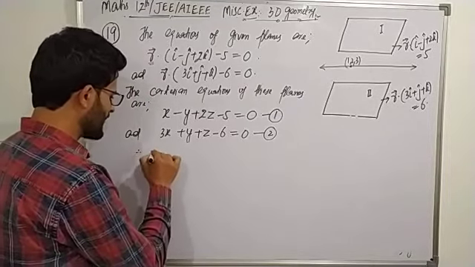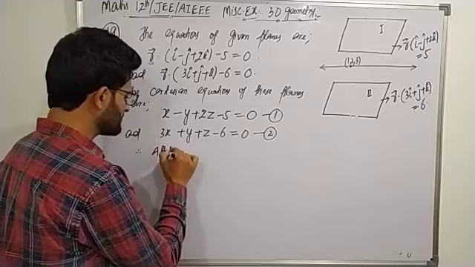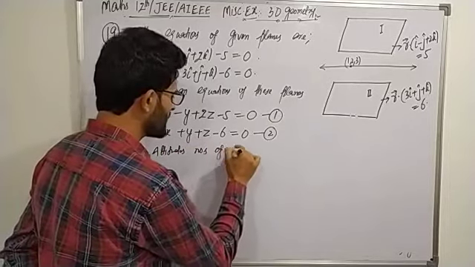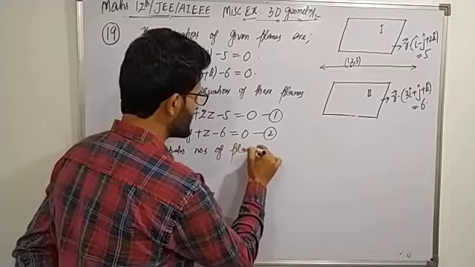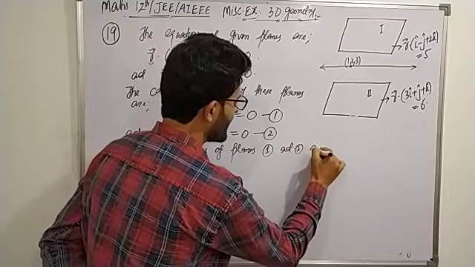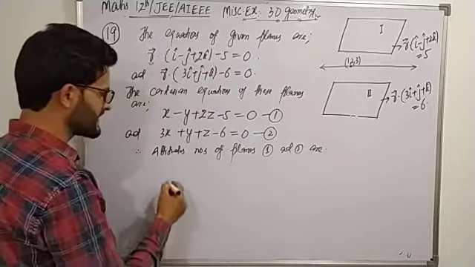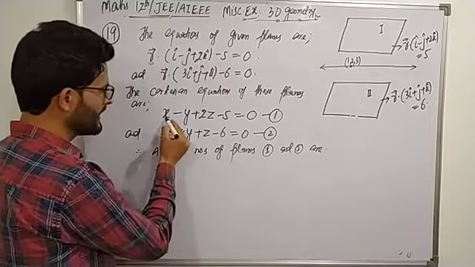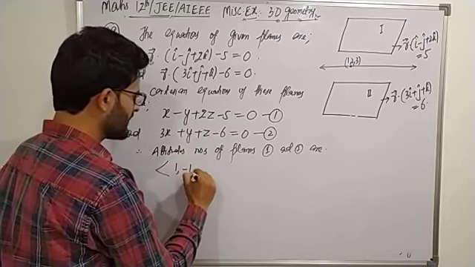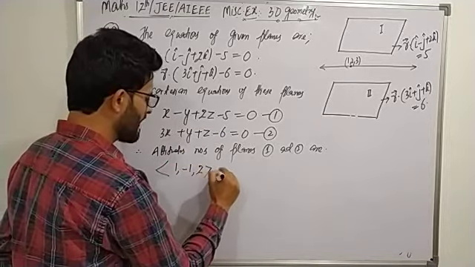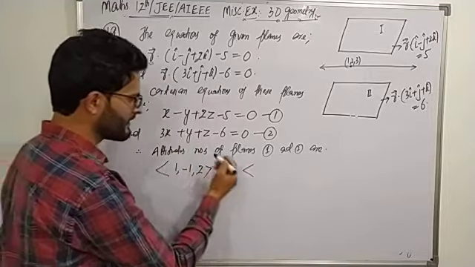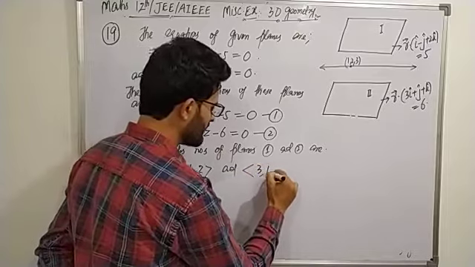The attitude numbers of planes first and second are the ordered 3-tuple of a, b, c, the coefficients of x, y and z. So what are the attitude numbers of plane first? 1, minus 1, 2. And what are the attitude numbers of plane second? 3, 1 and 1.